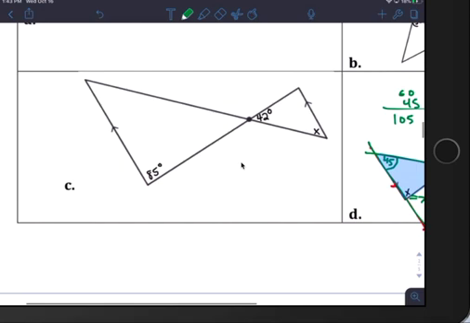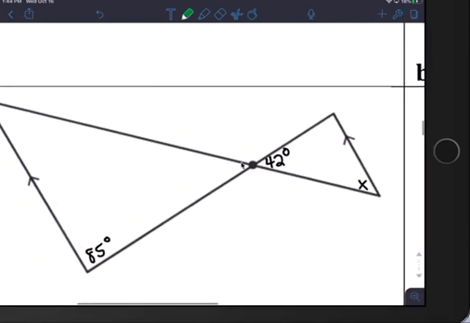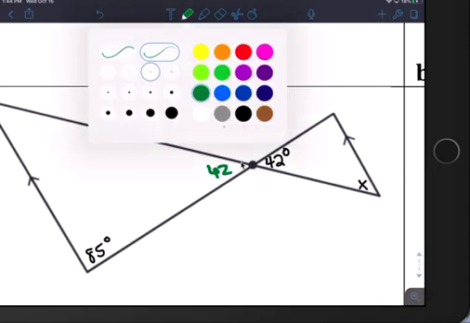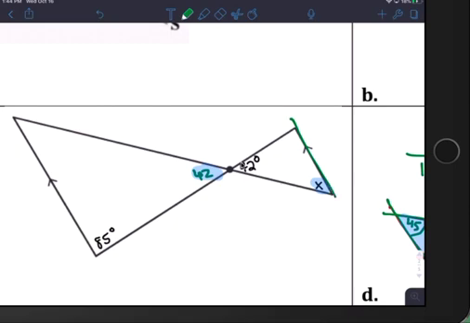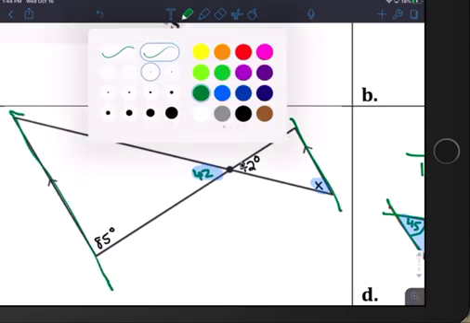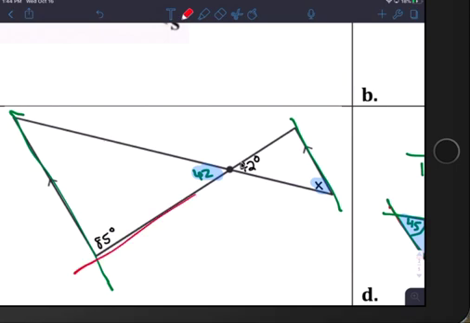And same thing here. The vertical angle is 42 degrees. They're congruent. This is x side. So we want to know this angle, therefore these are parallel. Those arrows show that they are parallel. Therefore, this becomes the transversal line.